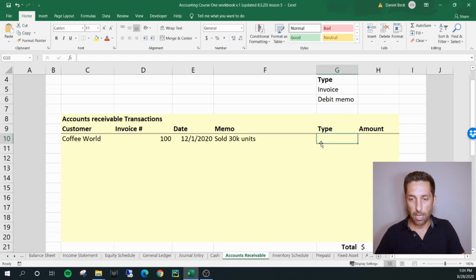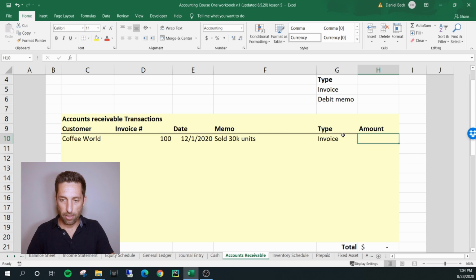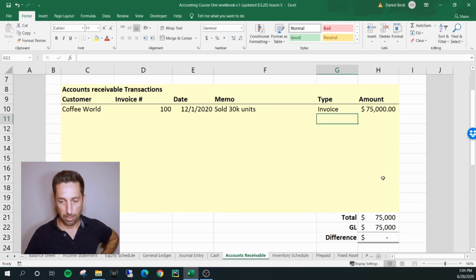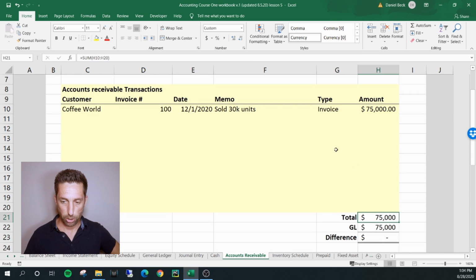And the type, oh, we don't have anything there, so we'll just put this as an invoice. Doesn't really matter. And the amount was $75,000, and I'll put that in as a debit. And you can see that I actually have the general ledger linked up to this cell, and so our schedule now agrees to our general ledger, which agrees to our balance sheet financial statement.